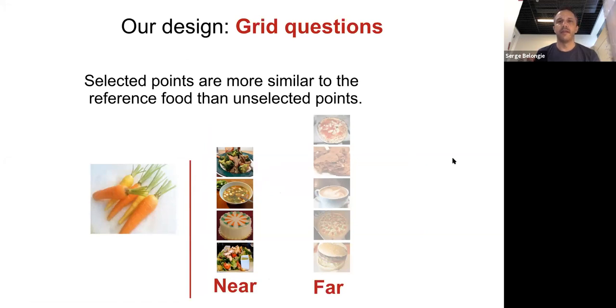So the grid is just a kind of parallel visual processing trick for harvesting lots of these relative similarity triplets. It's just an efficient way of grabbing lots of those. If you were just to do nested for loops, presenting many, many triplets of these types of food, we found it gets really boring for the human users. And again, the human visual system is very powerful at parallel processing. So it's easy to get lots of these triplets.